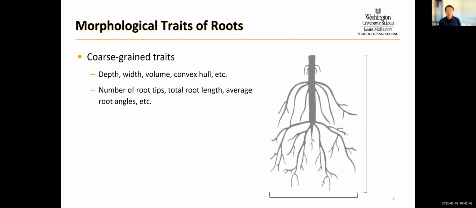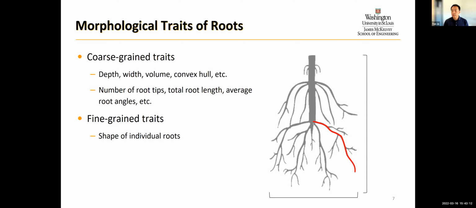So these quantities already give biologists a lot of information about the roots, but oftentimes there is a need to dig deeper to understand, for example, the geometry and shape of individual roots. So that requires tracing of individual roots from a large root system. But even more importantly, roots grow in a structured way.